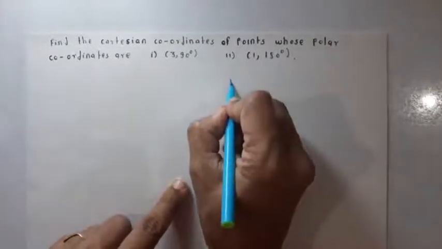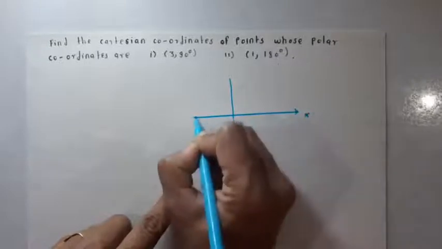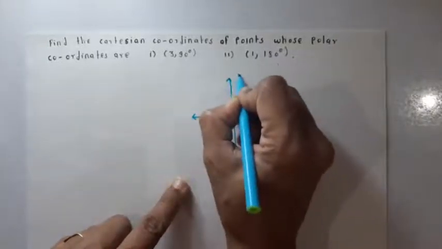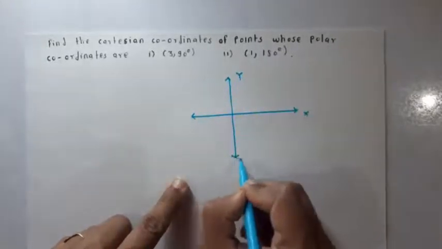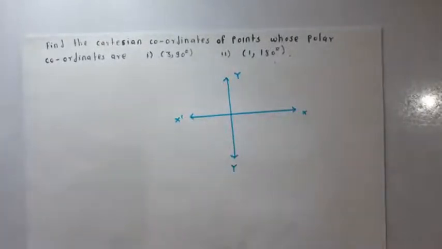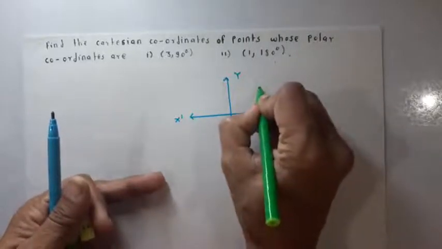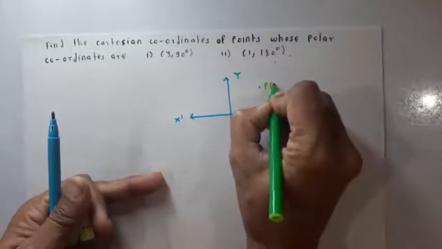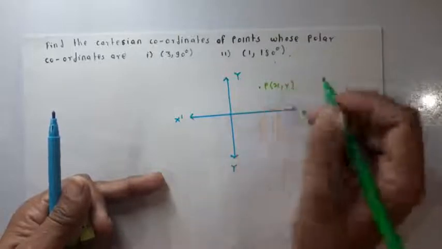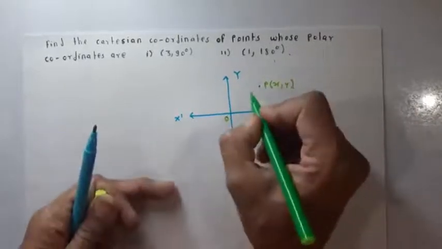Suppose this is the x-axis, this is the y-axis, the negative x-axis, the negative y-axis. P(x, y) is any point here, and O is the origin.